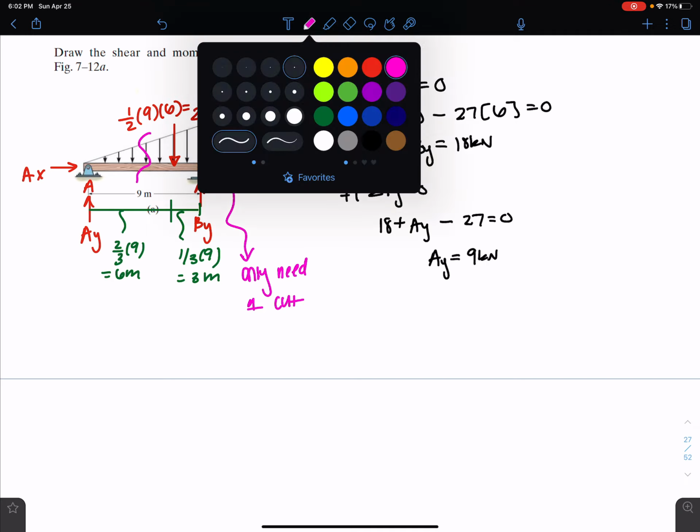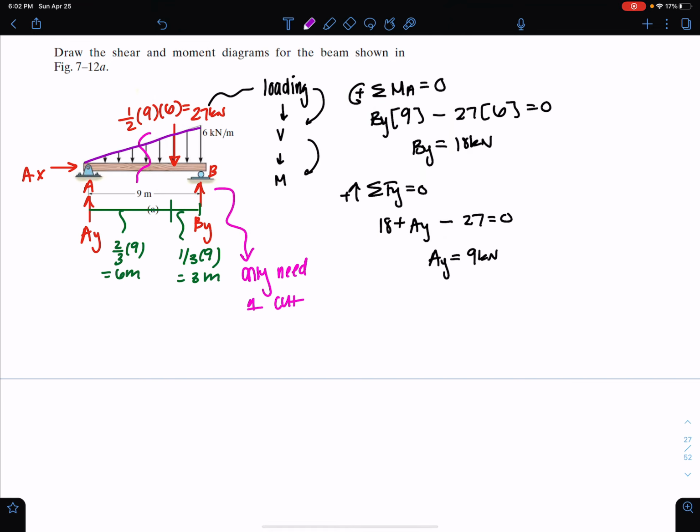You can see the load here is linear. It's a constant function. So we only need to make one cut to define that whole function in terms of X.